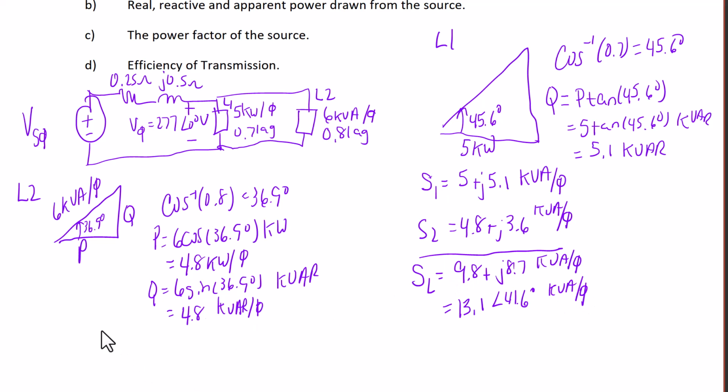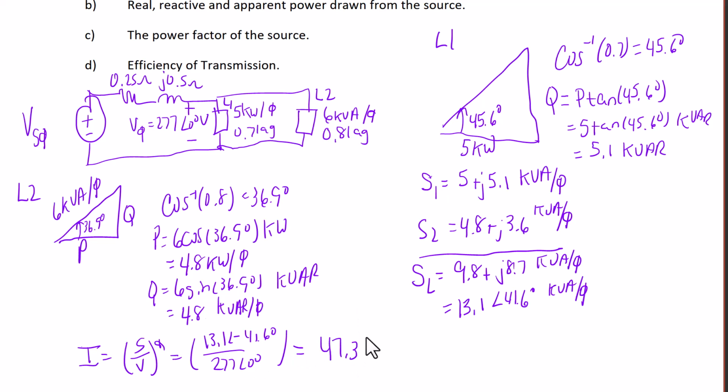So now, if we want to find I, we know that the current through the load should be S over V conjugate. So that's going to be 13.1 with an angle of negative 41.6 degrees divided by 277 with an angle of 0 degrees. So the current through the load is 47.3 with an angle of negative 41.6 degrees, and the units are amps.